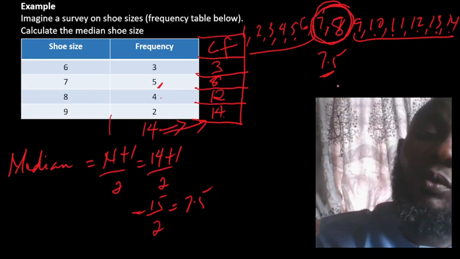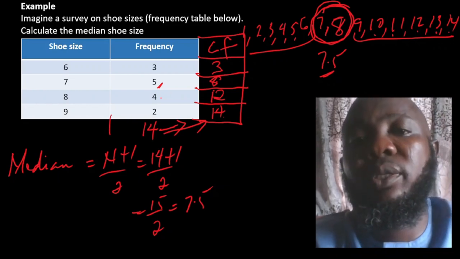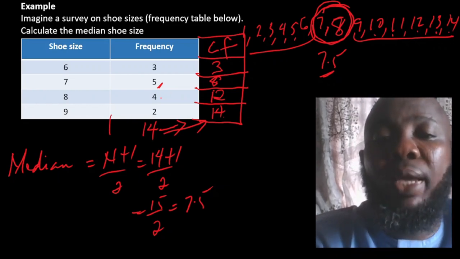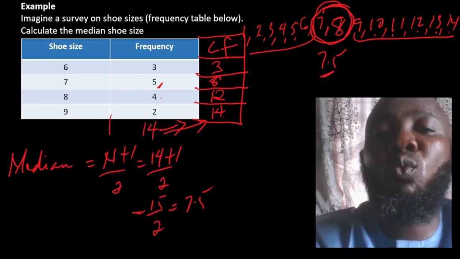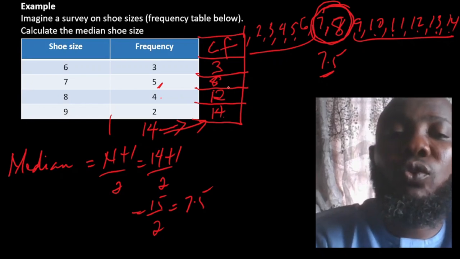So now, since we have known that the middle value falls at the 7.5 value, we now look at where the 7.5 value falls. So this is where it stops.